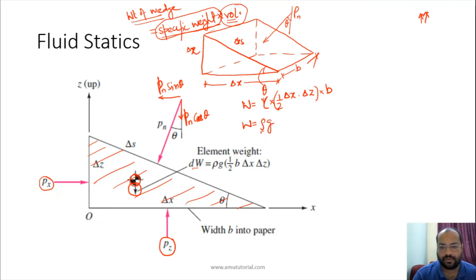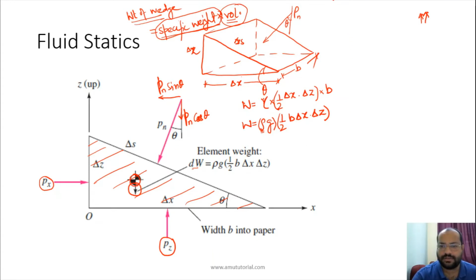Now what is rho? Again you have to watch the previous lecture, then you will know about this. So rho times g multiplied by half into b into delta x into delta z. This will be the weight, and it will be acting downward.